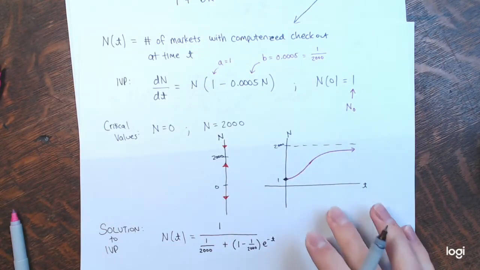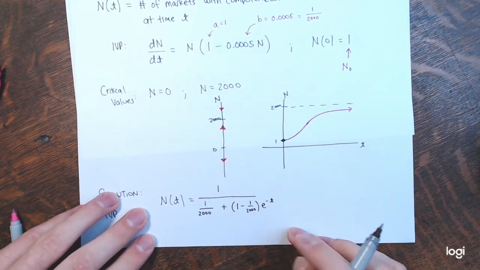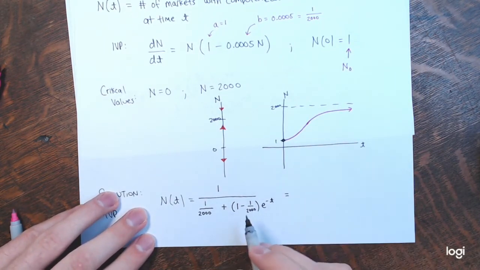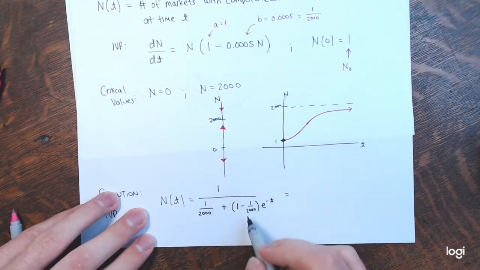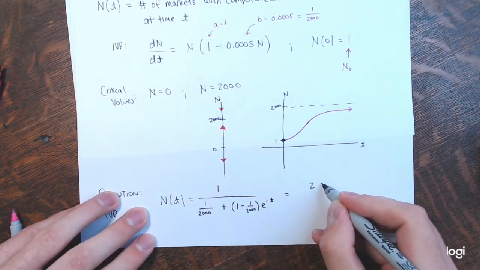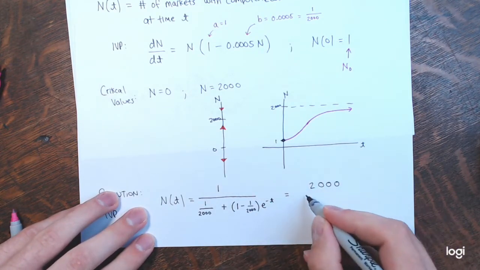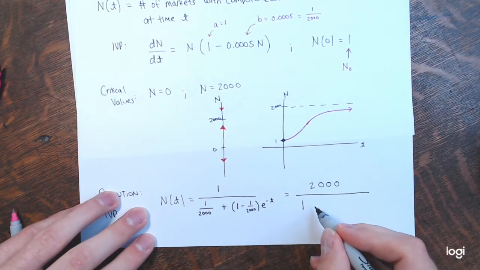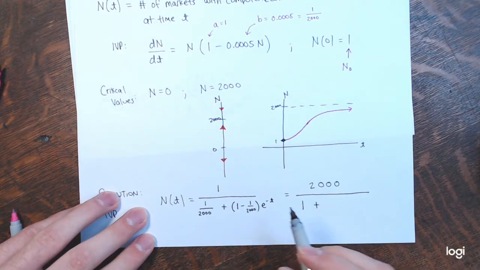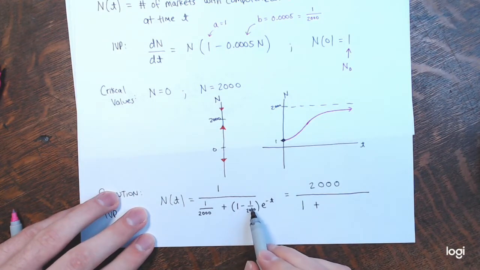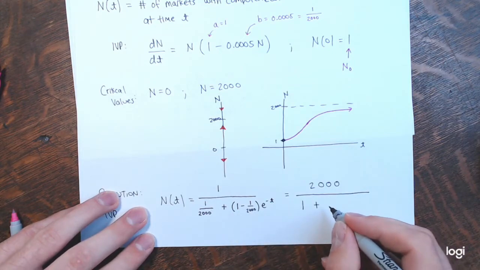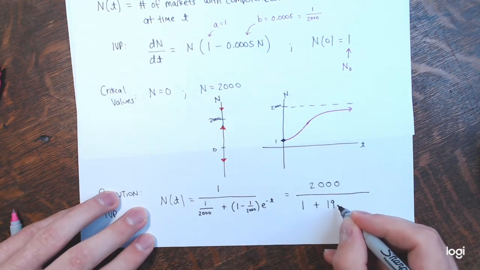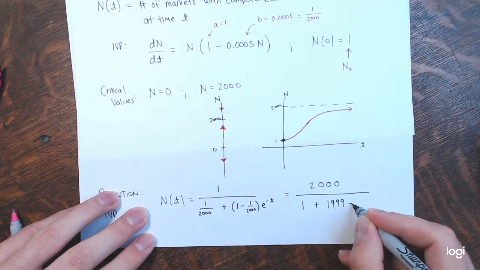And here we go. Just to make this look a little neater, because I got kind of a compound fraction, I'm going to multiply the top and bottom by 2,000. So we'd have 2,000 in the numerator, divided by 1 plus, and this will end up being 1,999, since 2,000 minus 1 multiplied by 2,000 gives 1,999, times e to the negative t.